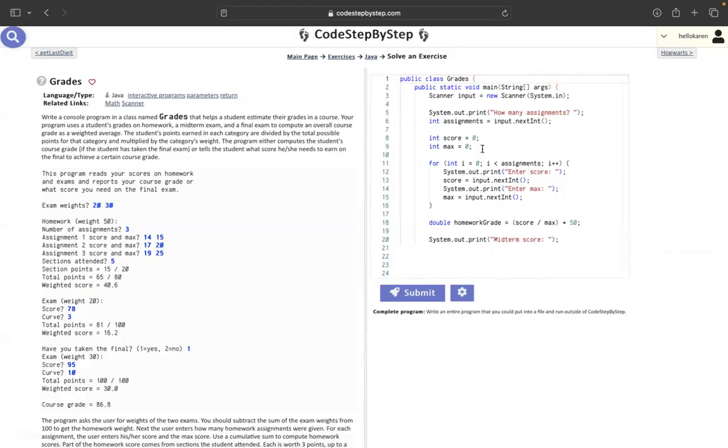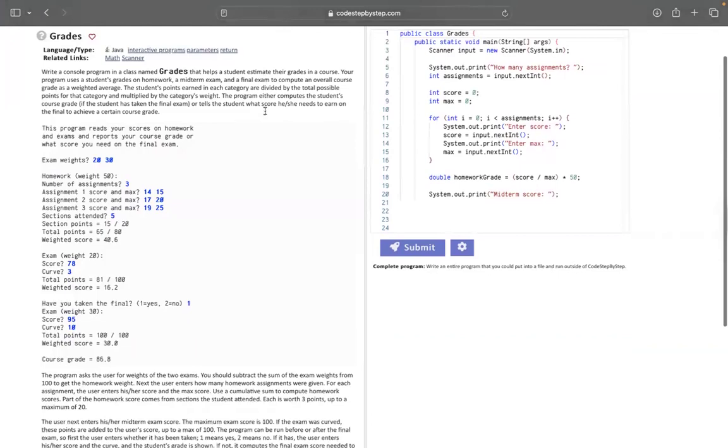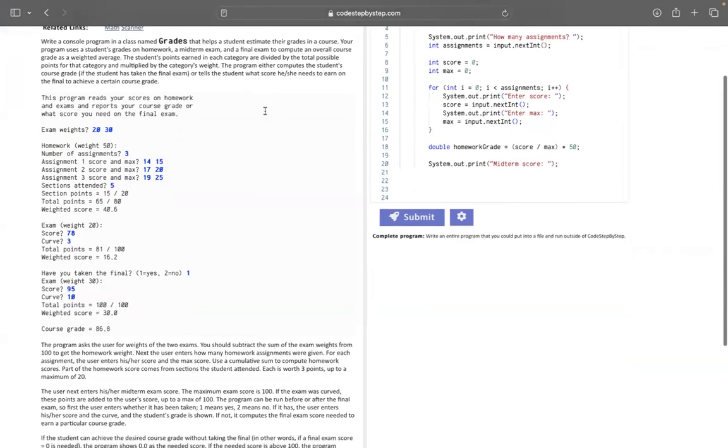Can you tell me each of the different portions that go into calculating your overall grade? Well, in order to calculate the homework grade, you subtract the sum of the exam weights from 100.